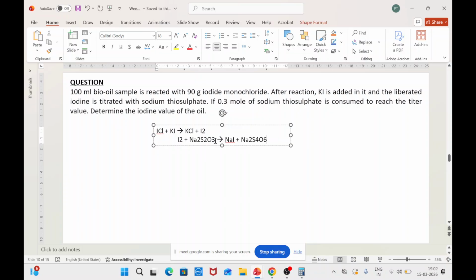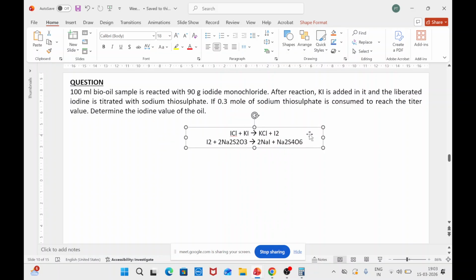Now I think we need to balance this. The first one is as it is. Second one should be 2, if this is 2 Na, 4 Na. So here also 4, 4, 4. Yeah, so now the reaction is perfect.